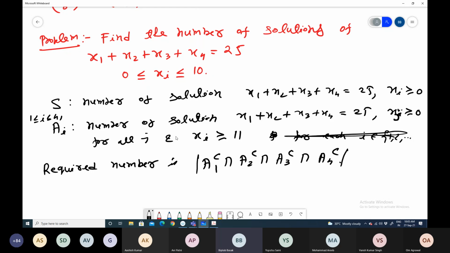See, what is A1? A1 means only x1 is bigger or equal to 11. So what is A1 complement? That means x1 less than or equal to 10, and A2 complement means x2 less than or equal to 10. And when we are taking the intersection, that means x1, x2, x3, x4 are all less than or equal to 10. So that means these are the required number.